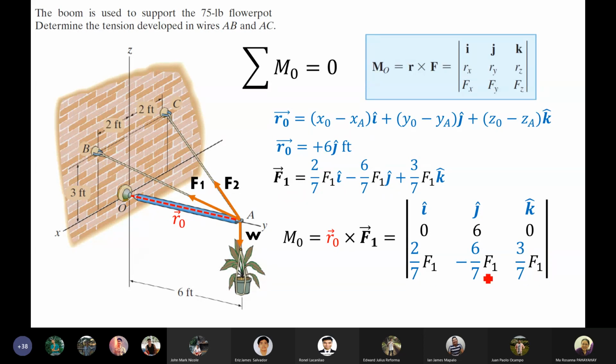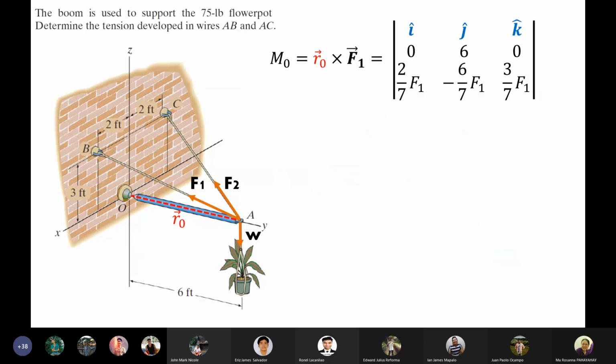Now, to solve this, the moment of force due to F1 is, you have to cover this one: 6 times 3 over 7, minus 0.